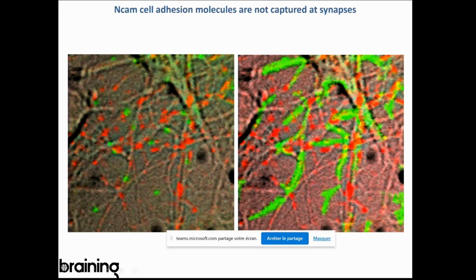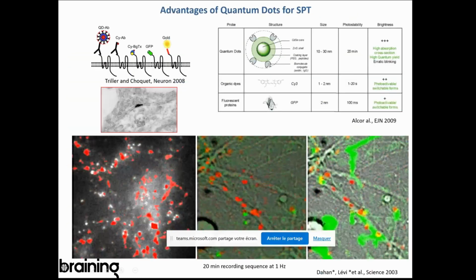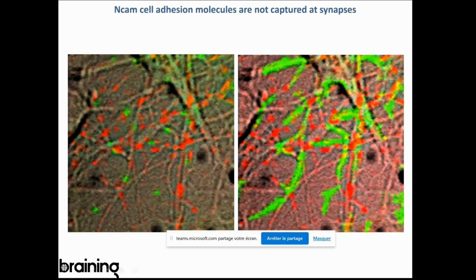So it's not accumulated at the synapse like you can see here for this synaptic trajectory, where they spend much more time at the synapse than here, where you see a molecule that crosses several synapses during the 20 minute recording.